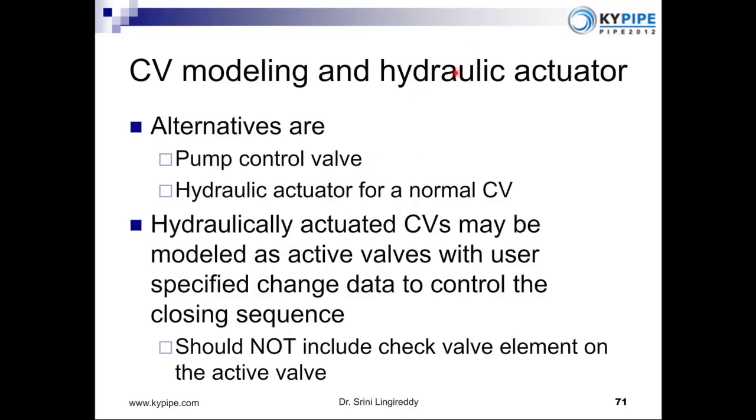The way to model these is when you have a hydraulic actuator and a check valve, the check valve is not moving on its own dynamically anymore. The hydraulic actuator is controlling the closure of it. So the best way to model that type of check valve is to use active valve. Okay. So hydraulic actuator may be modeled as active valves with user-specified change data to control closing sequence.